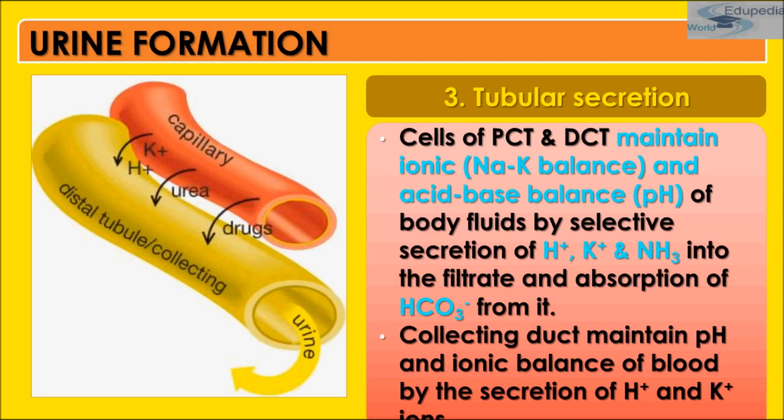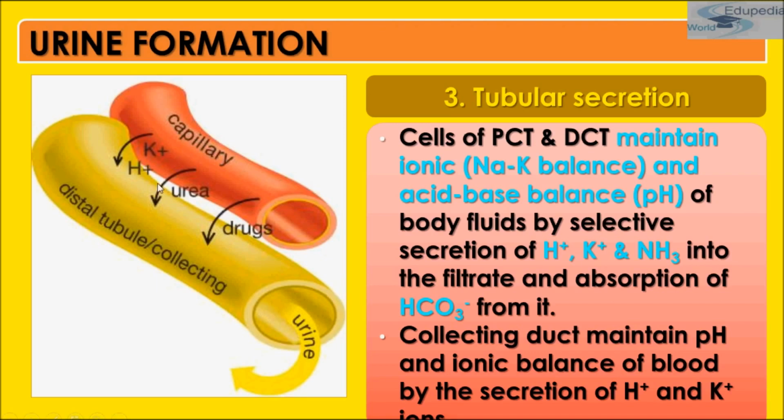It is the third step in urine formation. Although the blood is ultrafiltered in Bowman's capsule, some amount of blood escapes ultrafiltration, which is the first step of urine formation. This remaining blood circulates in capillaries around the renal tubule, and it contains nitrogenous waste such as urea, drugs, and some ions such as potassium ion and hydrogen ion.